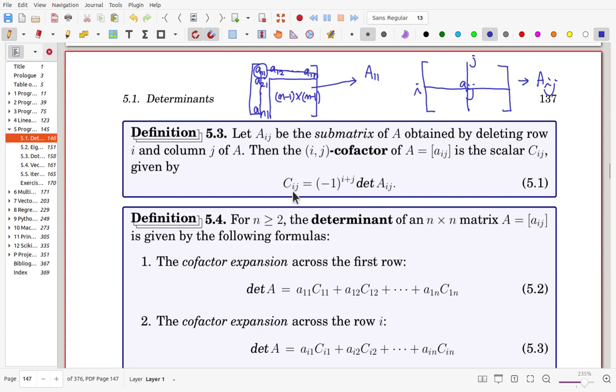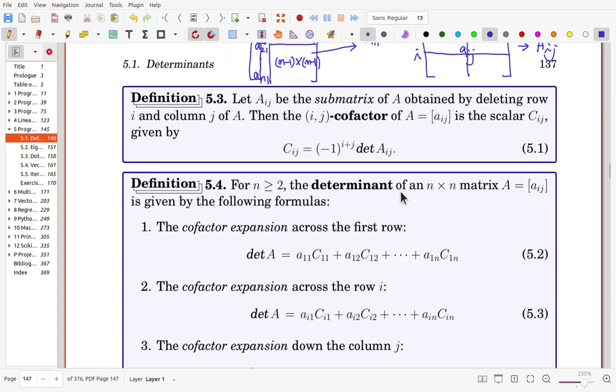So that is the cofactor. Now for matrices of n by n entries, we define the determinant by using the cofactor expansion. Here, the determinant of A is A11 C11 plus A12 C12, and so on. So again, we draw the matrix: A11, A12, up to A1n.